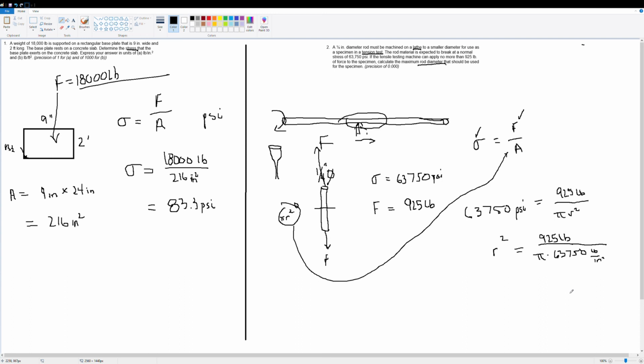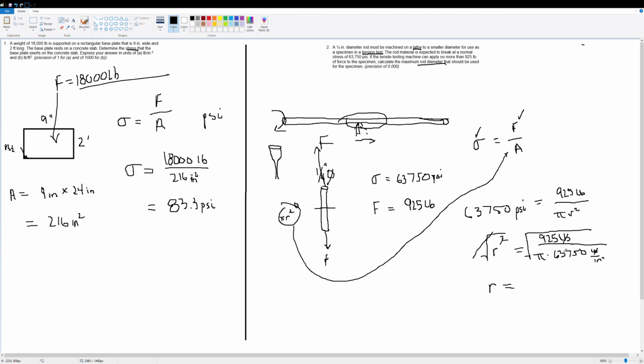Okay, so if I take the square root of both sides, the square root and the square drop out, leaving me r is equal to the square root of 925 over pi times 63,750. As far as my units are concerned, my pounds will drop out, the square and this inches will cancel out with the square root, and I'll have my answer in inches, which is exactly what I want.